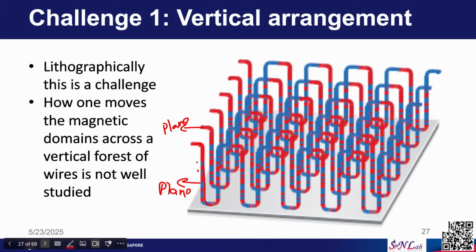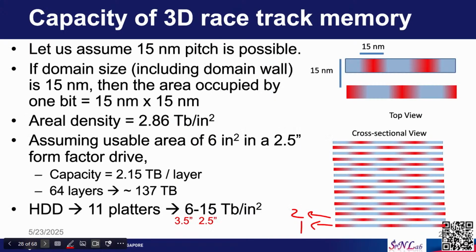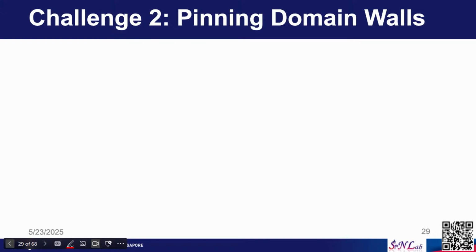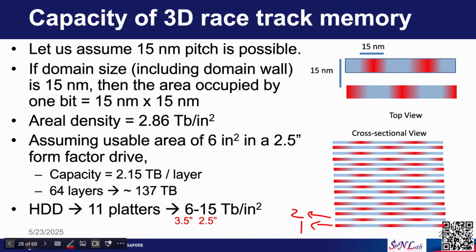So, you stack many planes on top of another, then probably we can solve the 3-dimensional arrangement. If you stack many planes, n number of planes, let us say each of these stores information at certain density.